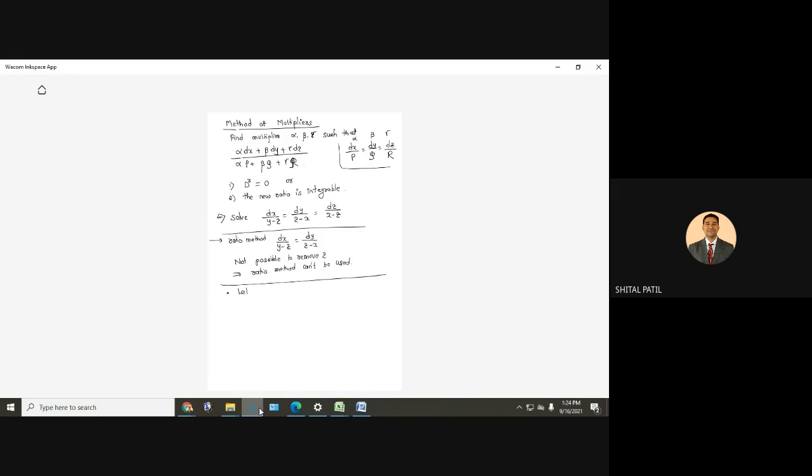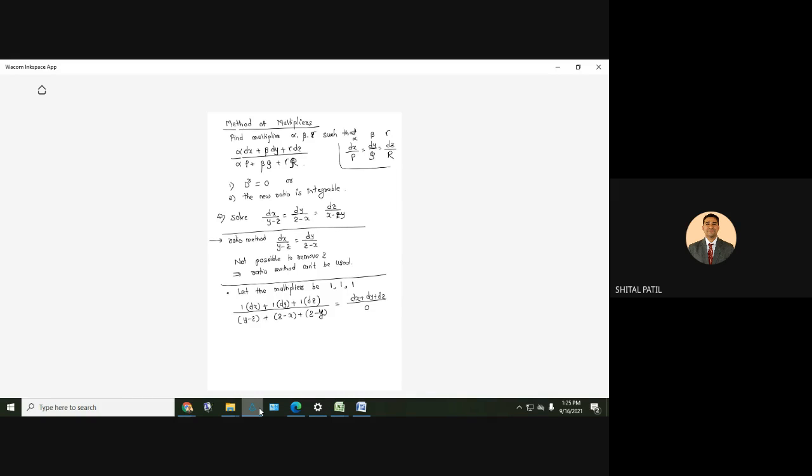Okay, let alpha, beta, gamma be 1. First is multiplied by 1, 1 into dx. Second is multiplied by 1, third is multiplied by 1. Same in denominator also. Check whether you are getting like this. कुछ तो गलत है. x minus should be y.